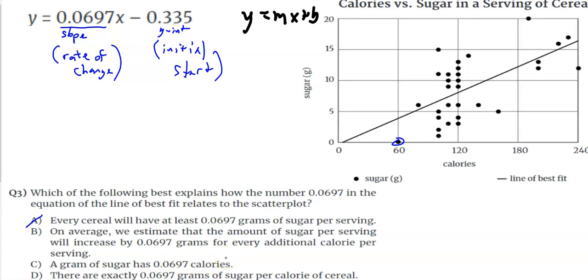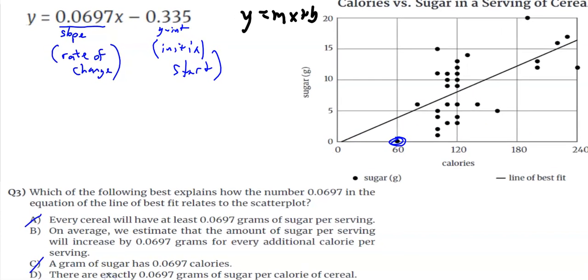I think some of these calories are coming from things other than sugars, because how did this one get 60 calories and have 0 sugar? So I don't think that's true. I don't love the way that's phrased. It says exactly. Well, exactly, no statistician talks like that. We say, I'm 95% confident, we give ourselves a margin of error.